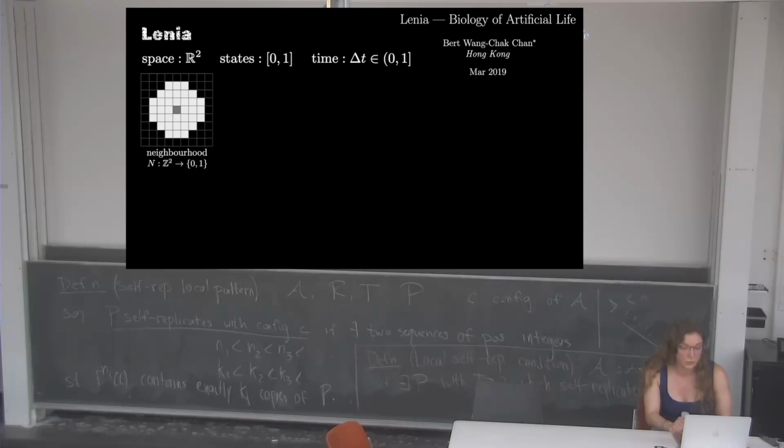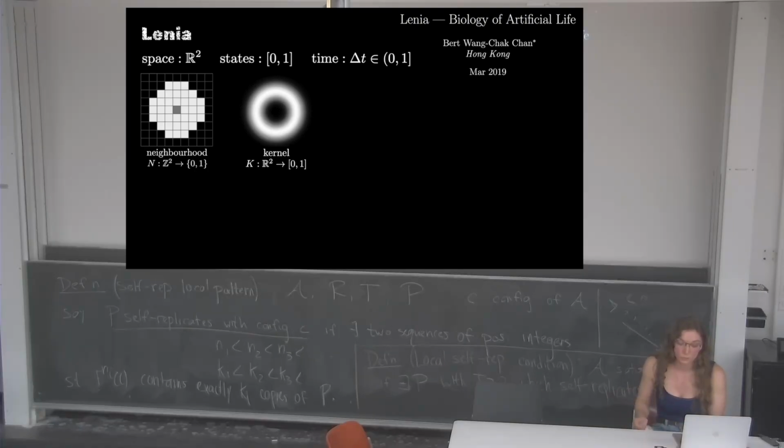Suppose we start with some discrete cellular automaton which has, for instance, a radially symmetric neighborhood. We can interpret the neighborhood either as a finite subset of Z², or as its characteristic function, which has finite support. Now, in the continuous case, this naturally turns into a smooth neighborhood, which we will now call a kernel.